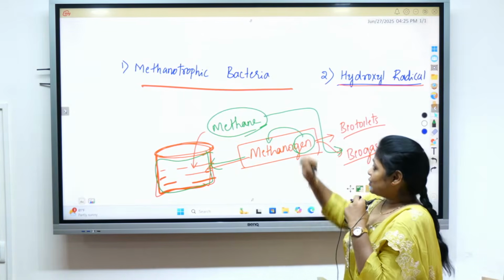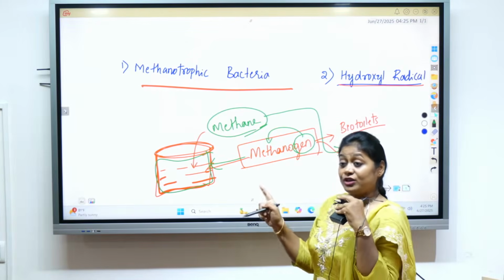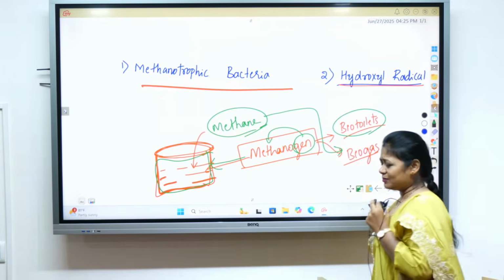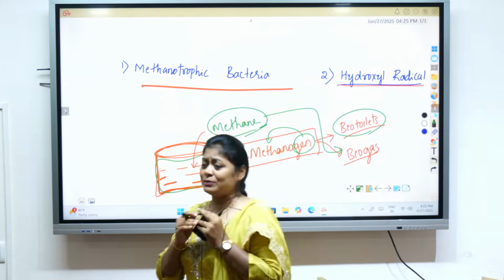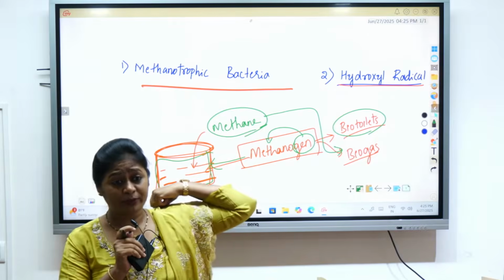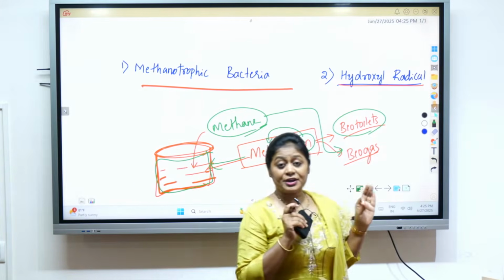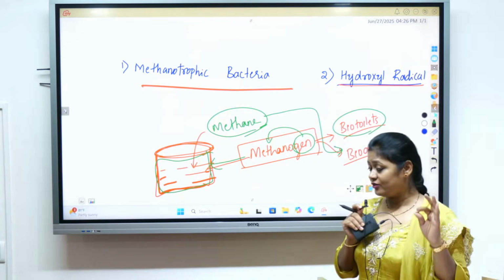And one more application is biotoilets. For example, recently Vande Bharat Express trains have been unveiled by the Prime Minister. So these Vande Bharat trains are equipped with modern infrastructure.